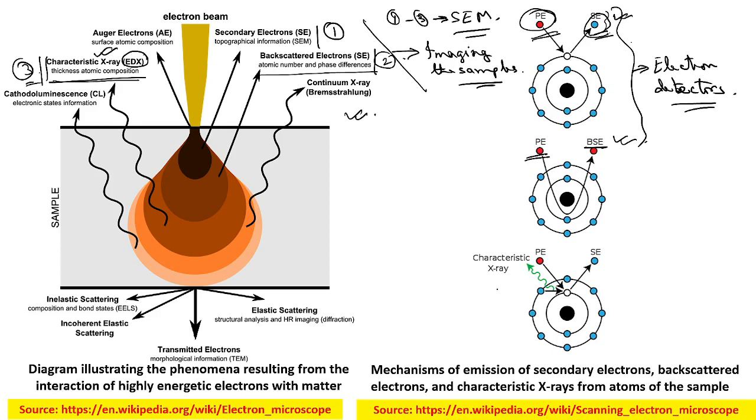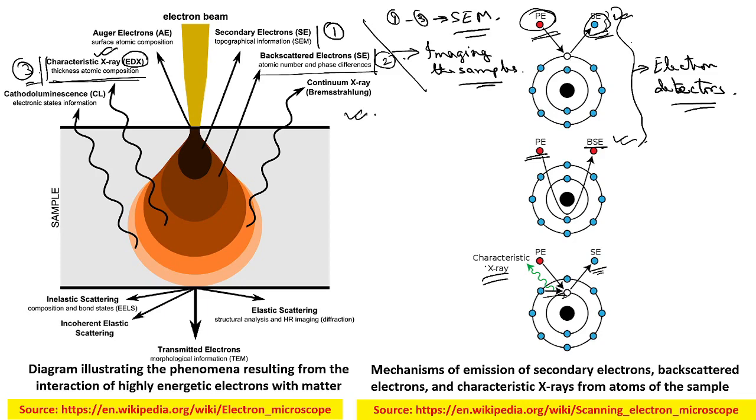And lastly, we will have some characteristic X-rays, and these are formed when electrons are moved from the inner orbitals. In that case, the electrons from the higher orbitals come in, and while they are coming in, they lose energy. And how do they lose energy?